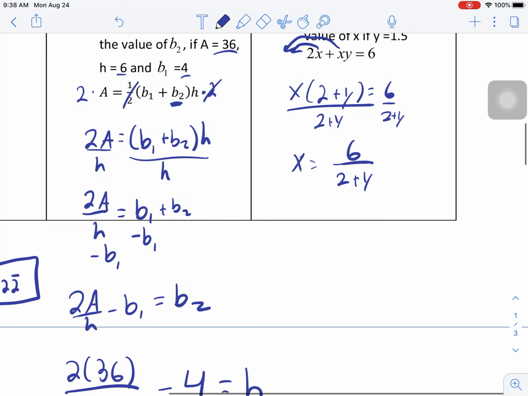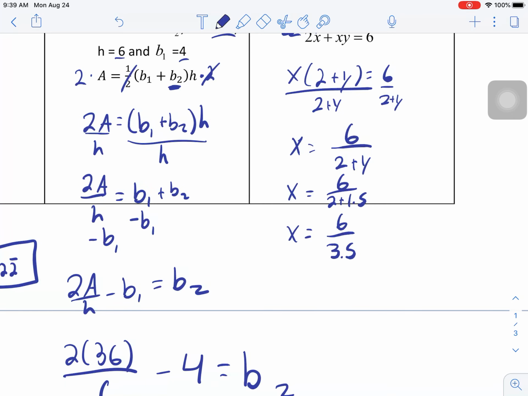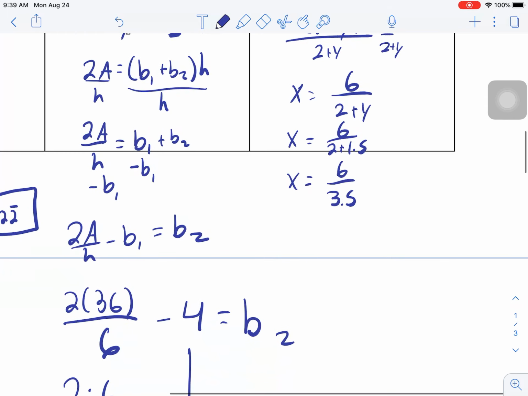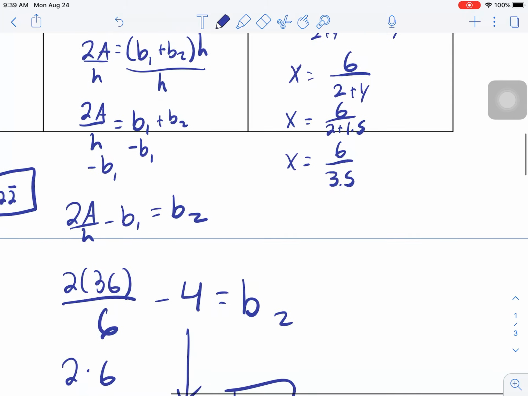And so now it says y is 1.5, so then we just plug that in. X equals 6 over 2 plus 1.5, so that's x is equal to 6 over 3.5. And then if you just do 6 divided by 3.5, did I do that right? 6 divided by 3.5. Actually, let's make this a fraction.